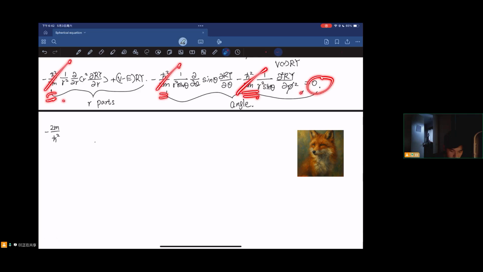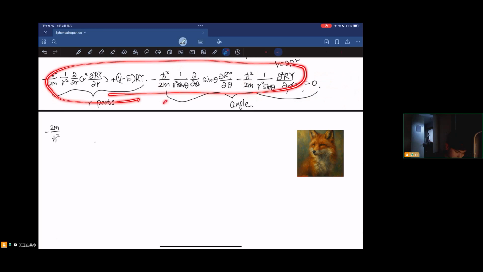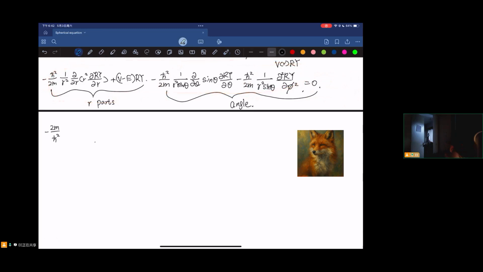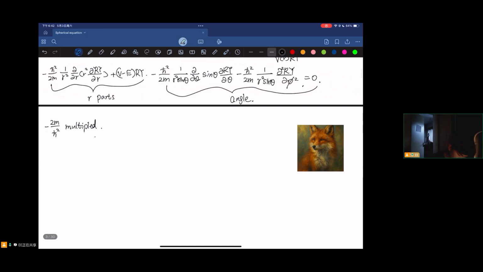And the right side is 0, so multiplying it by negative 2m divided by h bar squared, nothing would happen. I can remove any constant as long as both sides have that factor. Okay, so multiplied. And now I have a cleaner form.